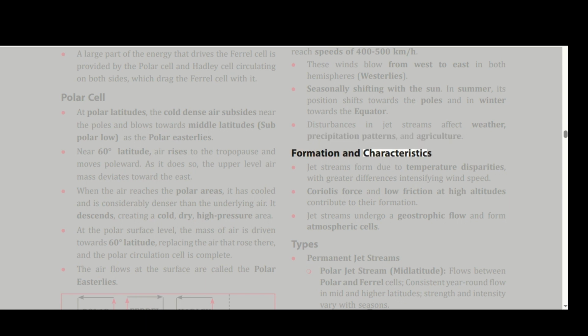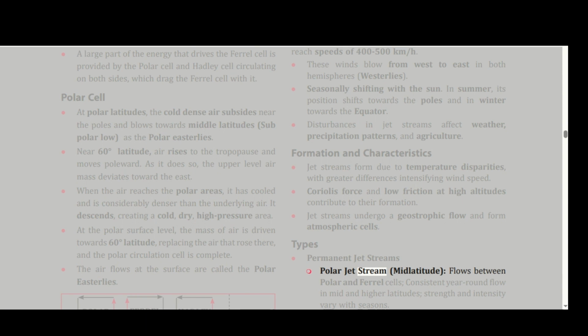Formation and characteristics. Jet streams form due to temperature disparities, with greater differences intensifying wind speed. Coriolis force and low friction at high altitudes contribute to their formation. Jet streams undergo a geostrophic flow and form atmospheric cells. Types. Permanent jet streams.